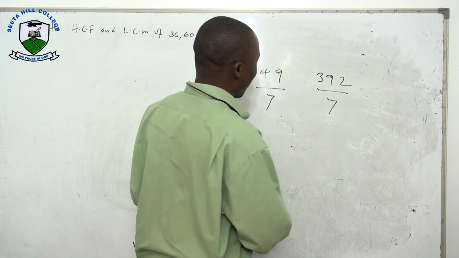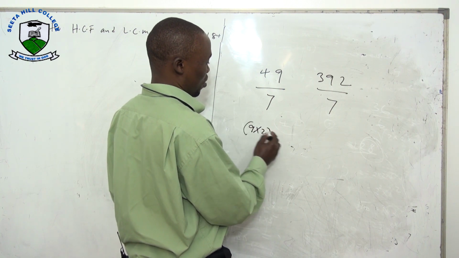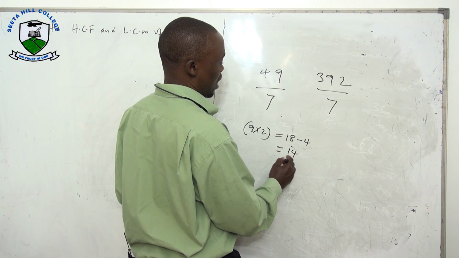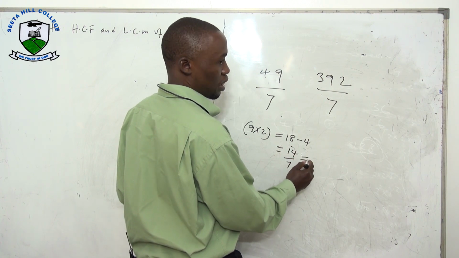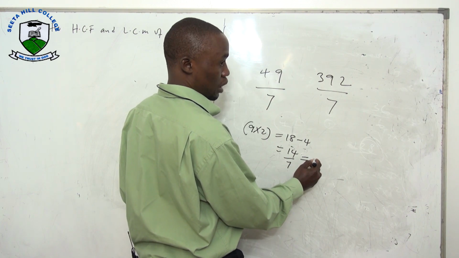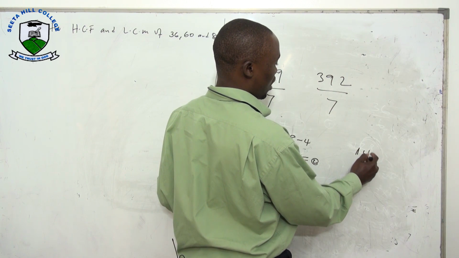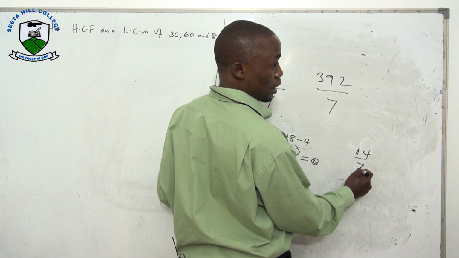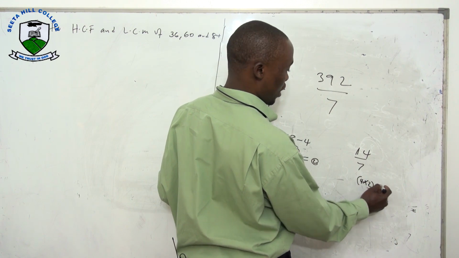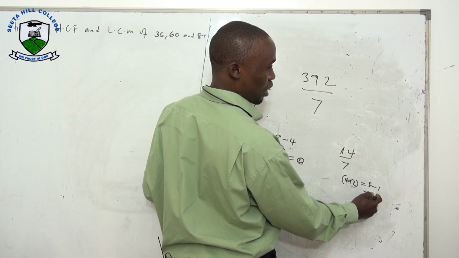Both divide. Now look, 9 times 2 is what? 18. Minus 4 is? 14. Does 14 divide by 7? Yes, not so? 14 divided by 7, it divides. 4 times 2, 8. 8 minus 1 is 7.